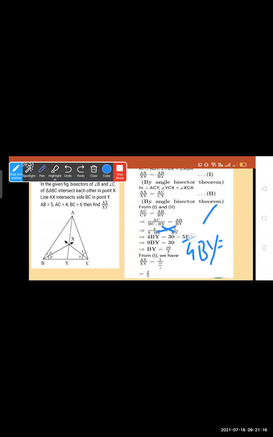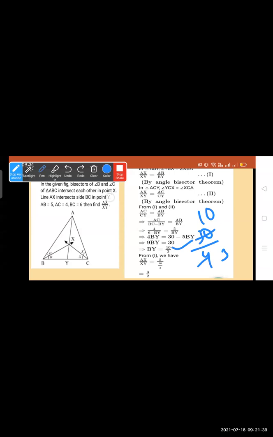Take this 5 BY on left hand side. So 4 plus 5 is equal to 9 BY and 30 as it is. So BY is equal to 30 divided by 9. 30 divided by 9, so 3 tens are 30 and 3 nines are 27, so you will get 10 by 3. So BY is equal to 10 by 3.